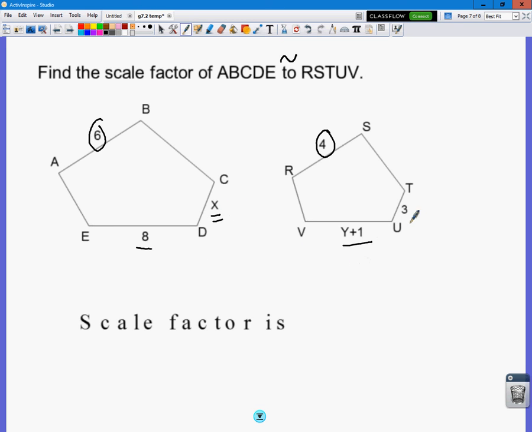I see x and 3. That would not help me. So I have 6 to 4, which is the same as 3 over 2, or a scale factor of 1.5. And again, I probably would leave that scale factor as 3 over 2.